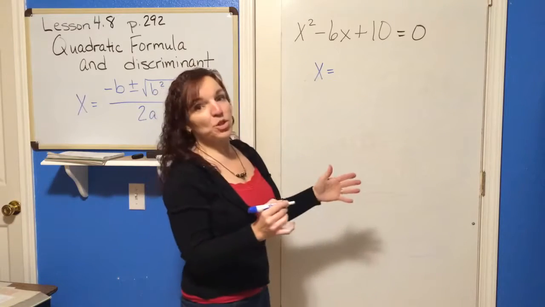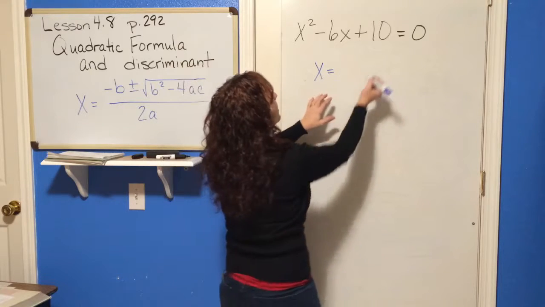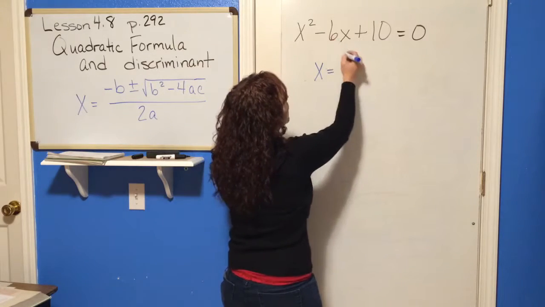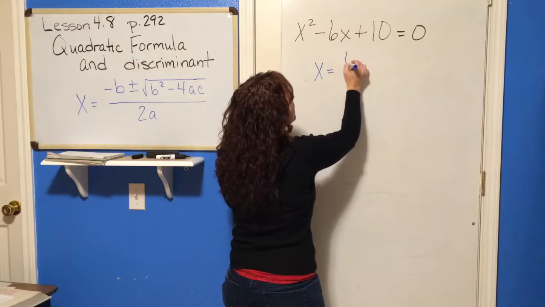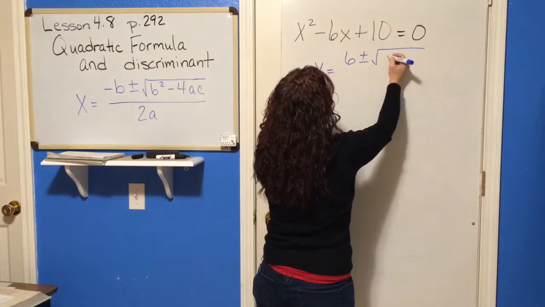The steps are going to be exactly the same until we get to the answer. Here we go. Negative b, negative of a negative 6 is a positive 6, plus or minus the square root of b squared.